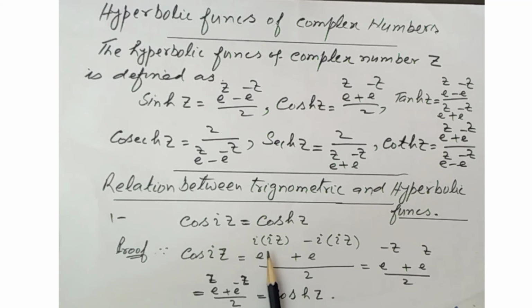Iota into iota is iota square, and this is equal to minus 1. So we write it as minus z, and minus iota square is equal to 1, and this becomes e to the z divided by 2. Now by arranging, the formula becomes cos hyperbolic z. So we have proved that cos iota z equal to cos hyperbolic z.